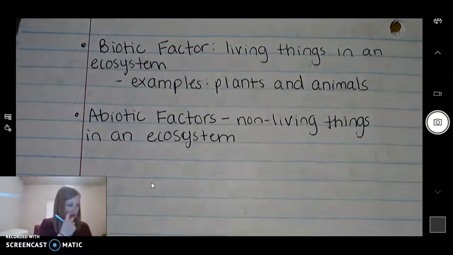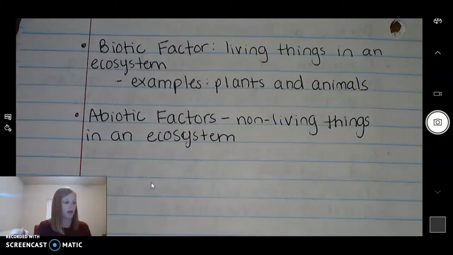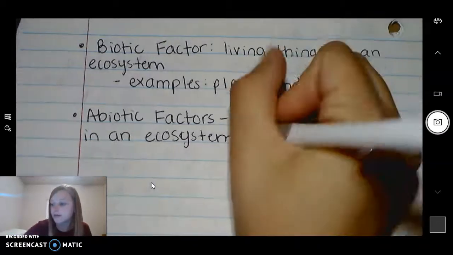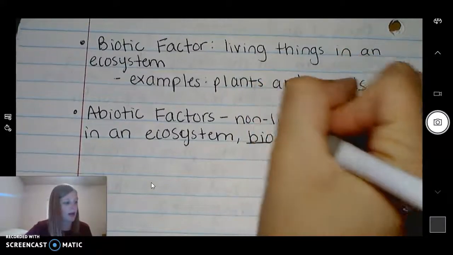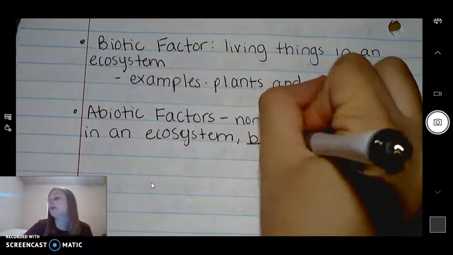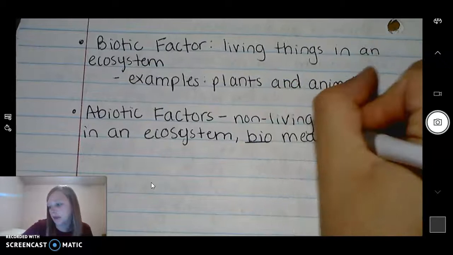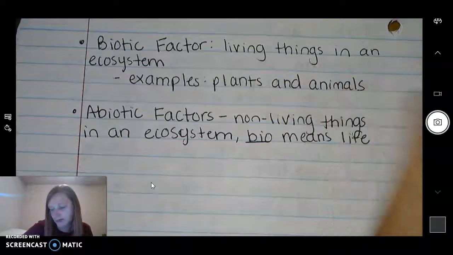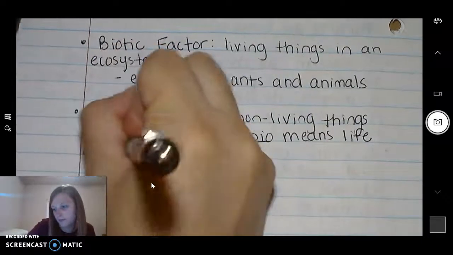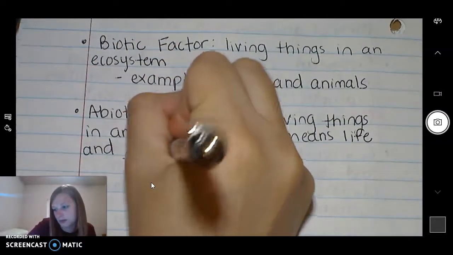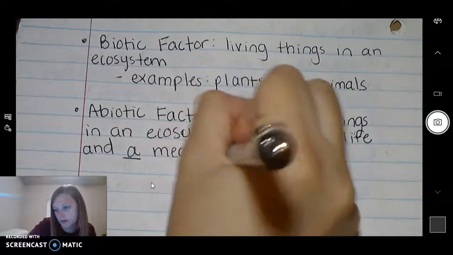Okay, those are the non-living things in the ecosystem. Bio means life, so we're going to add this to our notes. Bio, and I'm going to underline that. Bio means life, and a means not.